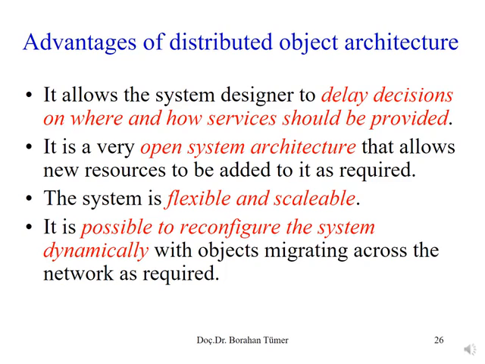Thanks to this, unlike the system designers of a client-server architecture, the system designers using distributed object architectures can delay their design decisions about which objects should provide which services.